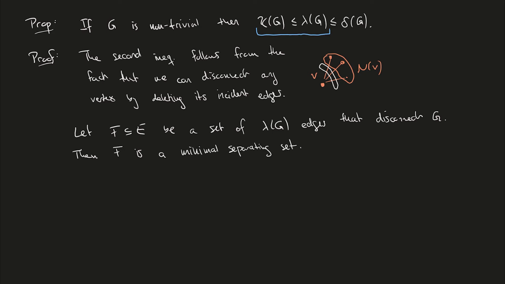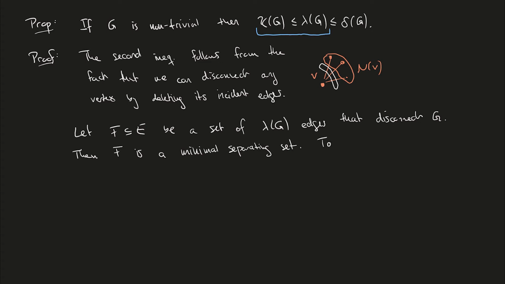This follows directly from the definition of the edge connectivity. So we know that G is lambda G connected, which by definition means that if we take a set that has strictly less than lambda G edges in it, we can't disconnect G. And so this means that if F has lambda G edges, it's the smallest set, or one of the smallest sets, that can disconnect G. This minimality will be important because we'll use it several times in the arguments that we're about to present.